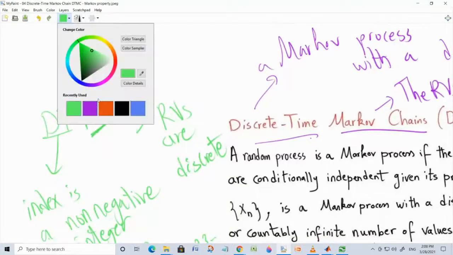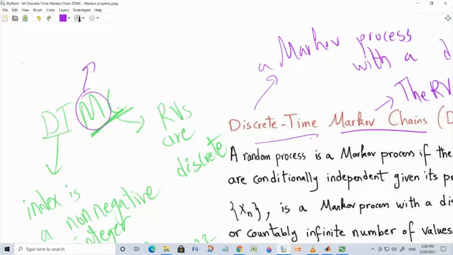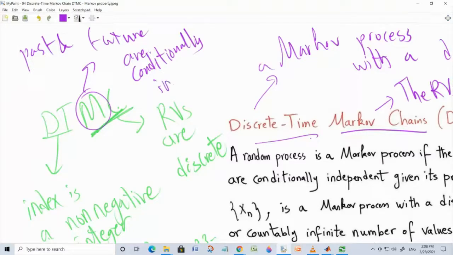And Markov itself means that past and future are conditionally independent given the present. It is this statement that we need to make mathematically rigorous. It must be something that everyone agrees on, and it can be used to derive mathematical results and so forth.